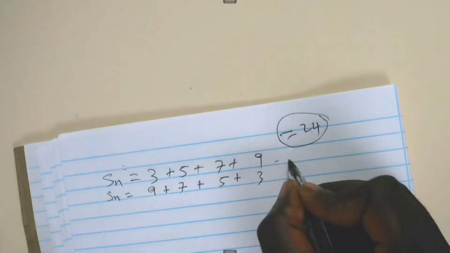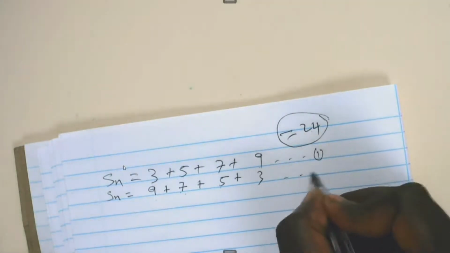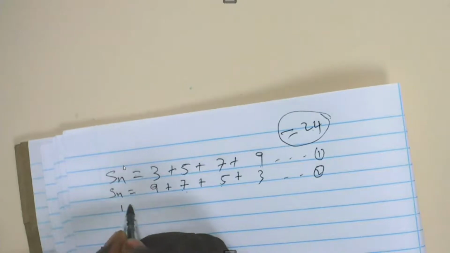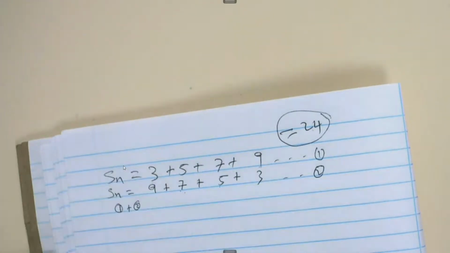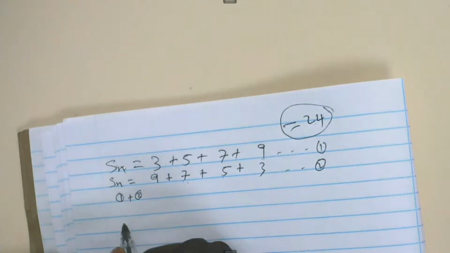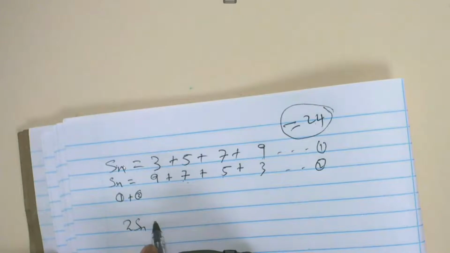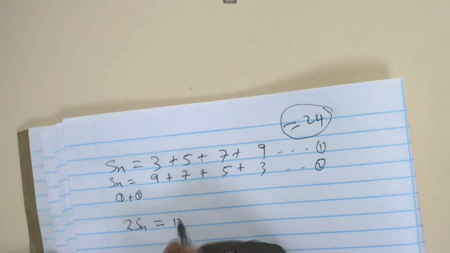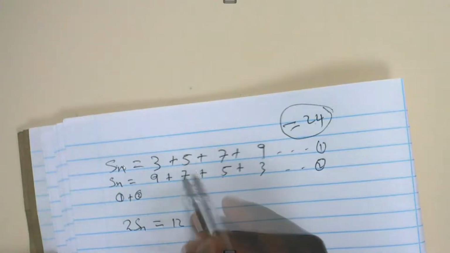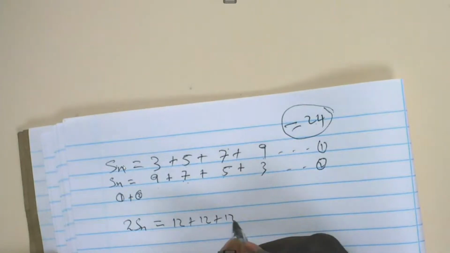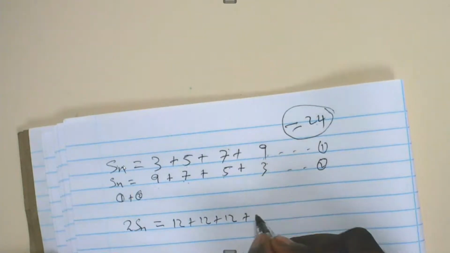If I say this is my first equation and this is my second equation, because we have two equations there, now if I add the two equations, equation 1 plus equation 2, we have Sn plus Sn, that gives us 2Sn, equal to 3 plus 9 gives us 12, 5 plus 7 gives us 12, 7 plus 5 gives us 12, 9 plus 3 gives us 12.